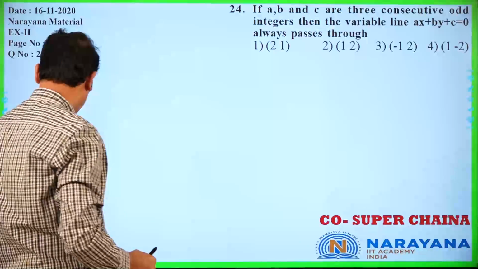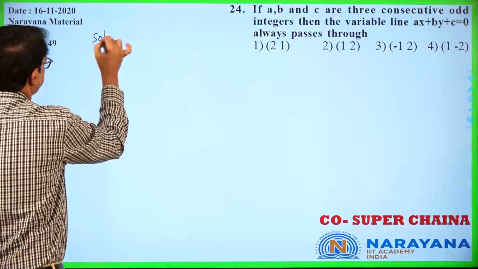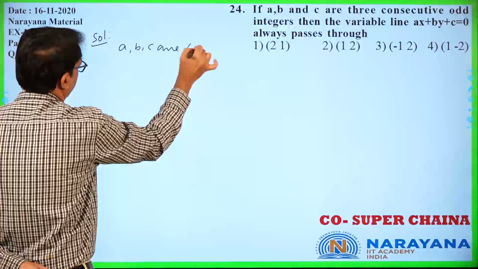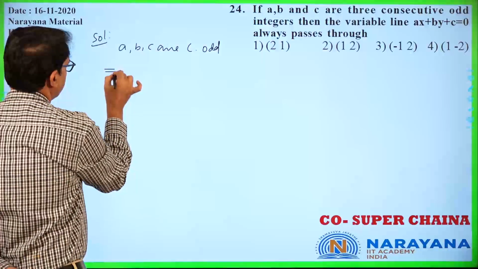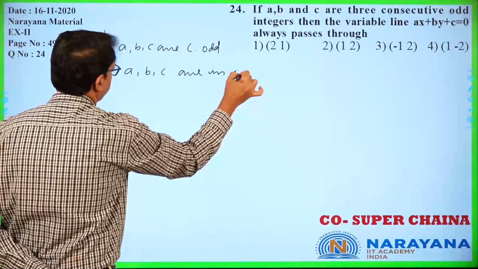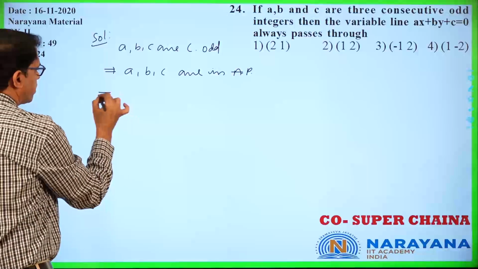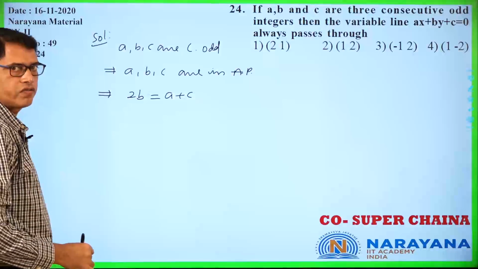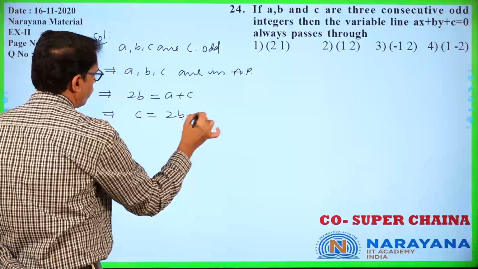That is the given condition. a, b, c are consecutive odd integers, that implies a, b, c are in arithmetic progression. What is the condition? Twice of b equal to a plus c. So from this, the value of c equals 2b minus a.